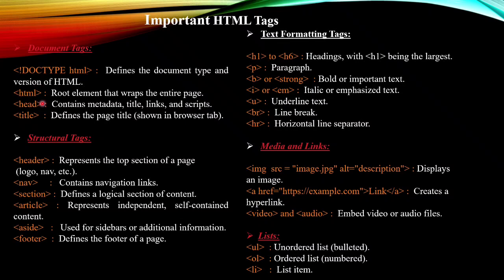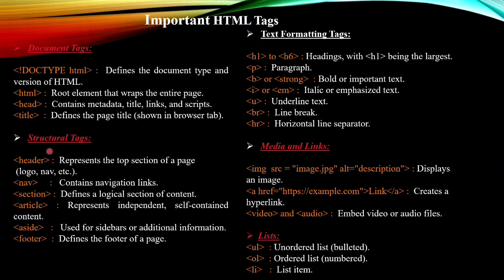Next is the HTML tag, which is a root element that wraps the entire page, and the head tag contains metadata, title, links to the files we are linking, and the scripts, that is JavaScript file links. Now the title defines the page title, which is shown in the browser tab when we run the project.